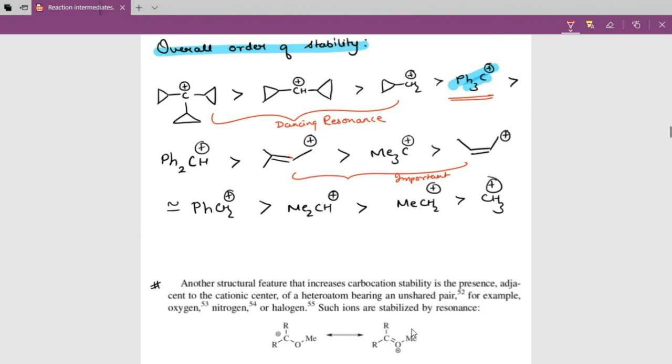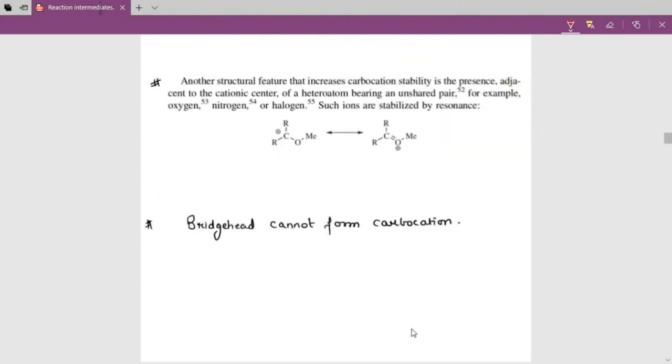Otherwise, due to 9 alpha hydrogens, Me3C+ is more stable than benzyl and normal allyls. Okay. Then comes the 2 degree. Then comes the 1 degree. And lastly, the methyl carbocation. So this is the overall stability order of the carbocations.